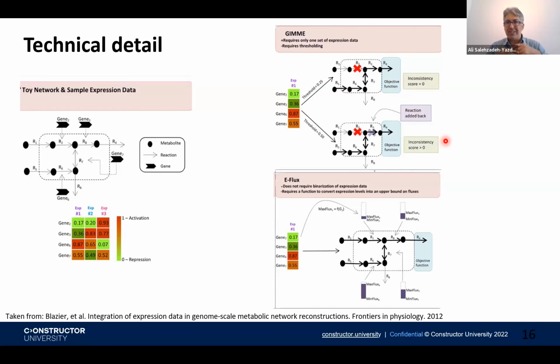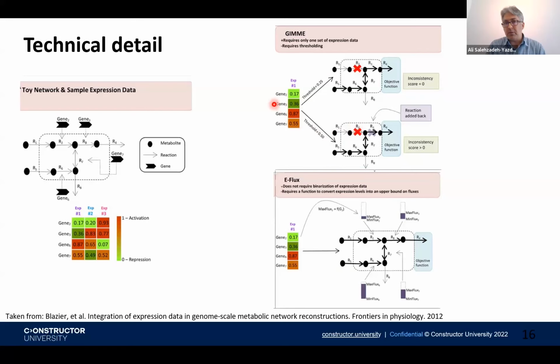So it could exclude some of the reactions of your model. But some algorithms also care about the objective function. For example, these are objective function-based integration approaches. If you exclude some reaction from your model and the objective function turns to zero, it's taken back to your model. So this exclusion should be consistent with the objective function calculation.